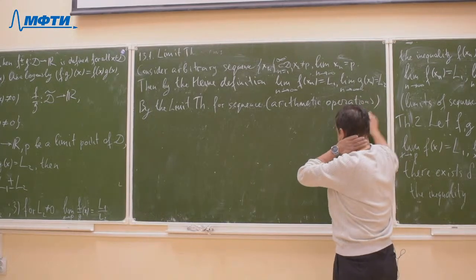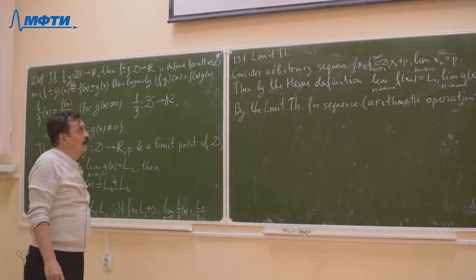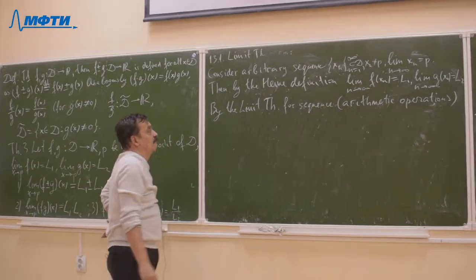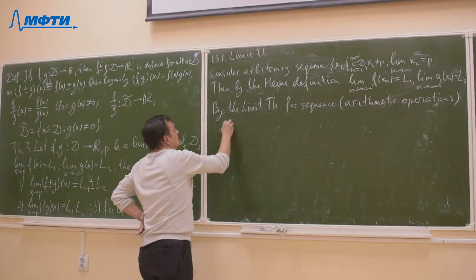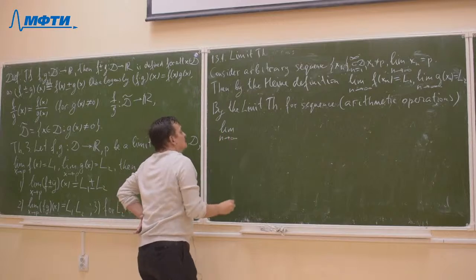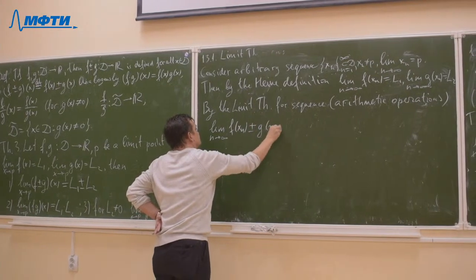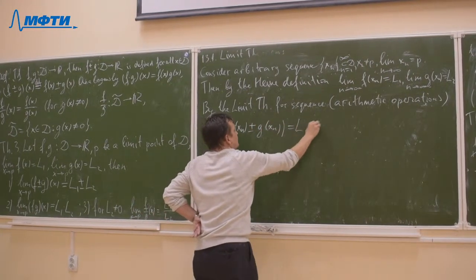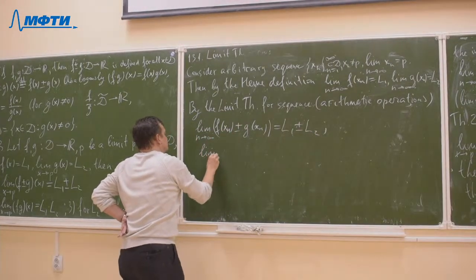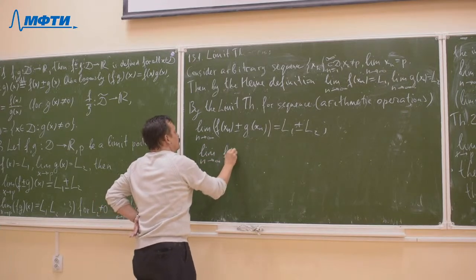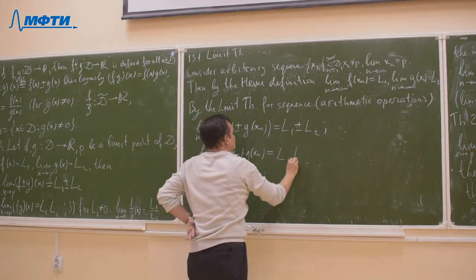what we have? We have that the limit of f of xn plus minus g of xn is L1 plus minus L2, and the limit of f of xn times g of xn is L1 times L2.